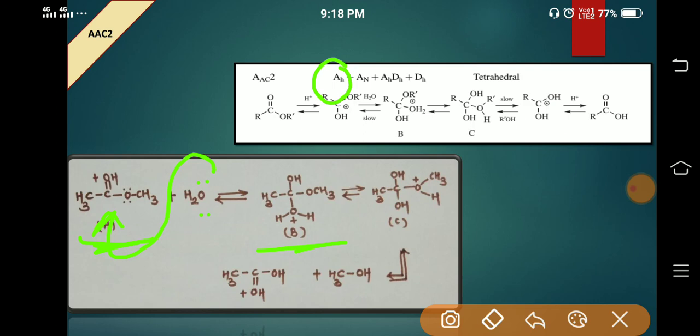which in the next step, that is AHDH, will correspond to another tetrahedral intermediate, which is C, where the positive charge on the oxonium ion can be neutralized by the transfer of a proton towards this alkoxide ion.